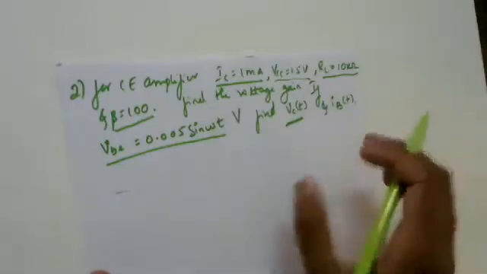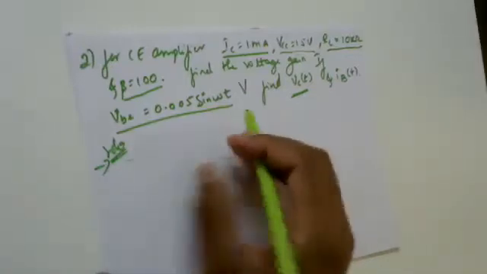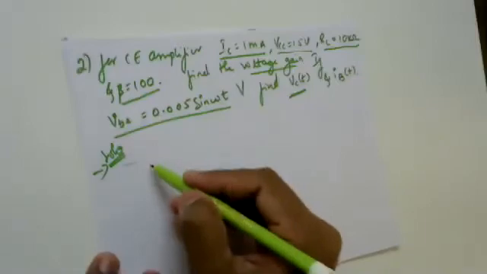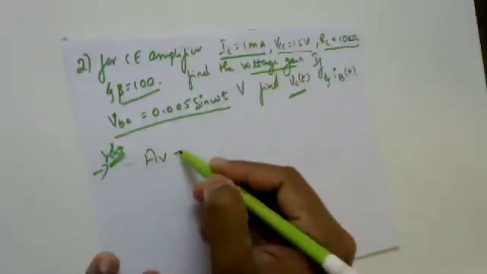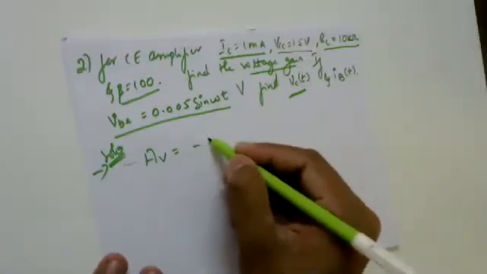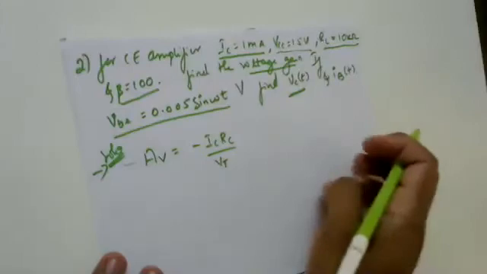Okay, it's interesting. We'll just solve this. So we'll start with the solution. First, he has asked us to compute the voltage gain. We know the equation for voltage gain. Voltage gain is defined as minus ICRC divided by VT.